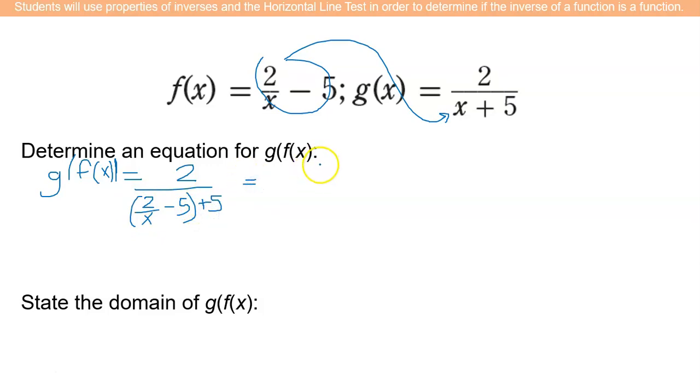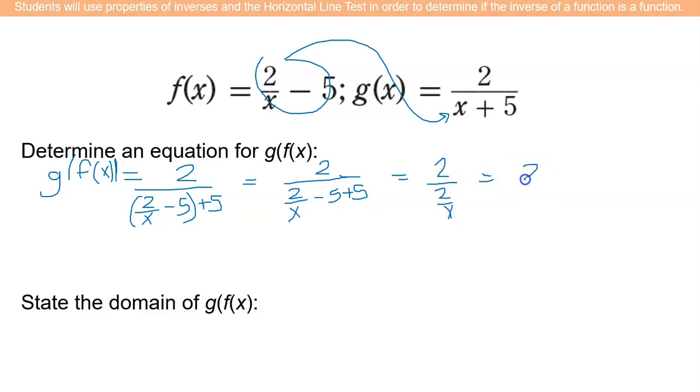So that means we have 2 divided by x minus 5 plus 5, because there was nothing to do to those parentheses. So now we can combine like terms, and we have 2 divided by 2 divided by x, which means that's really multiplying.